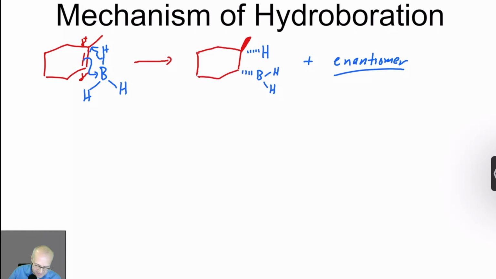So now, after this has occurred, we add basic peroxide. What happens in this reaction is, first of all, we deprotonate the peroxide. That's the first thing that happens.